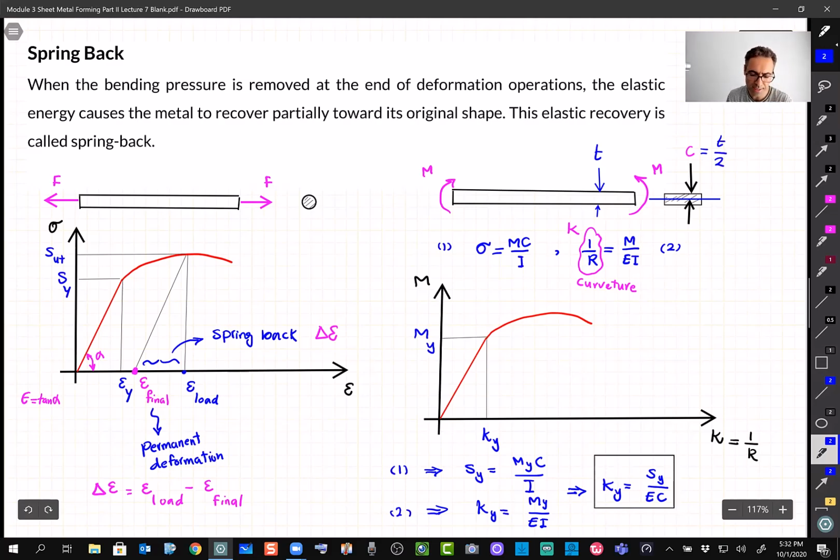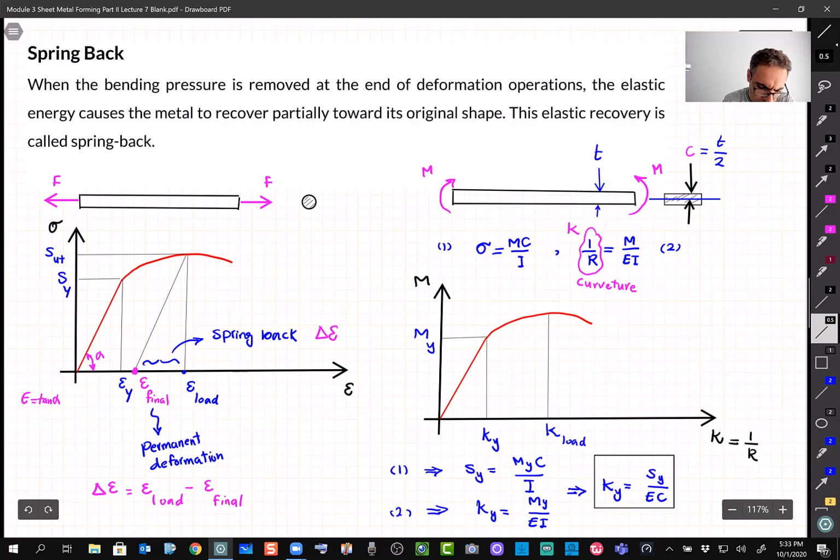E is the modulus of elasticity and Sy, we know, is the yielding strength. That's Ky. So let's say that we want permanent deformation. If I want permanent deformation, then I need to apply my load to get to this, basically SUT. So this is where I need to get, so let's call it K load.